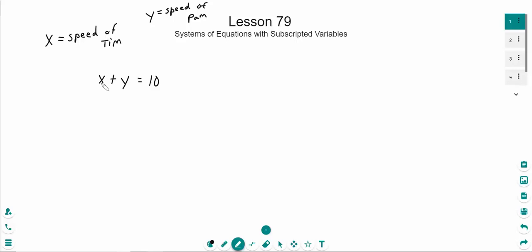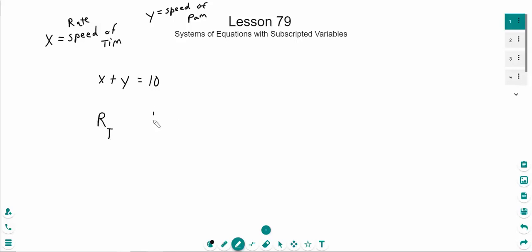So a better way to do it would be to write variables that make sense. Instead of using an x, I might use an r, which would stand for rate. So instead of the speed of Tim, we might call it the rate of Tim. If I use r to represent the rate, and then I use a subscripted variable, underneath this I might write a capital T, and this would mean the rate of Tim.